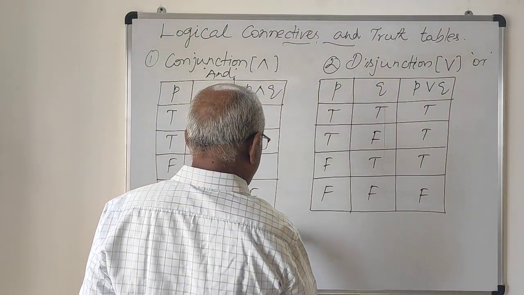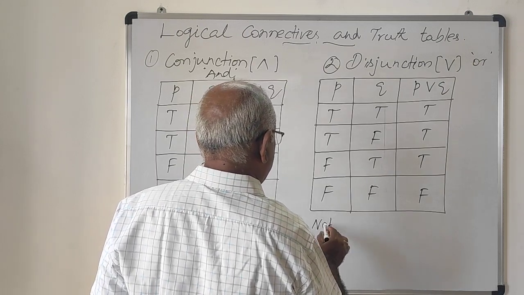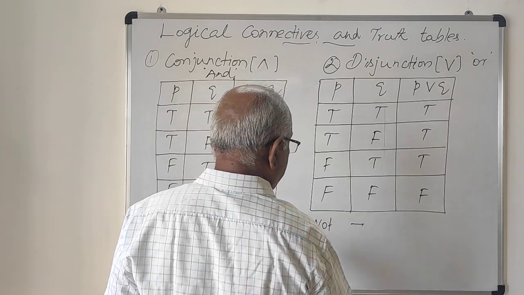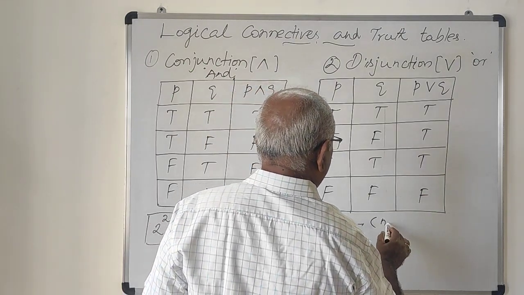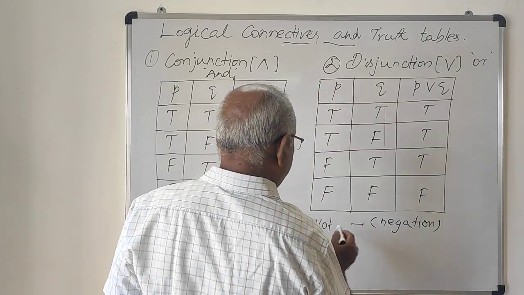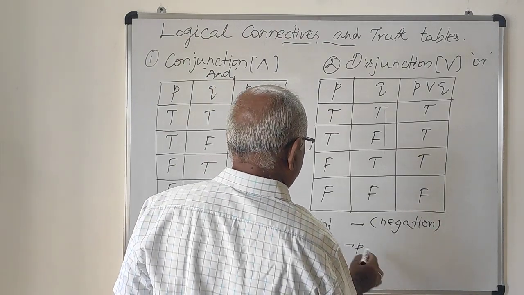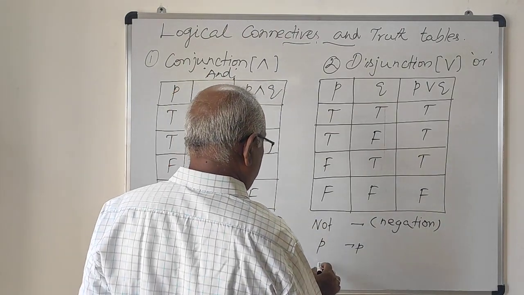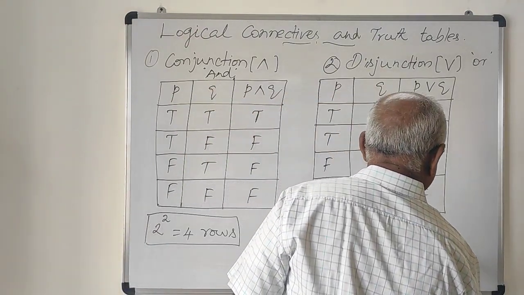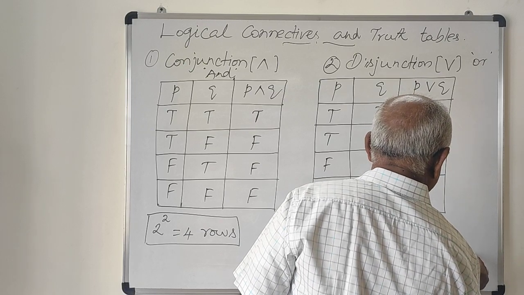I am going to construct the truth table for NOT. That means the symbol is this, the negation table. For negation, you have only one variable P, and another column is negation P. Since this is one variable, you have only two rows: 2 power 1 equals 2 rows.